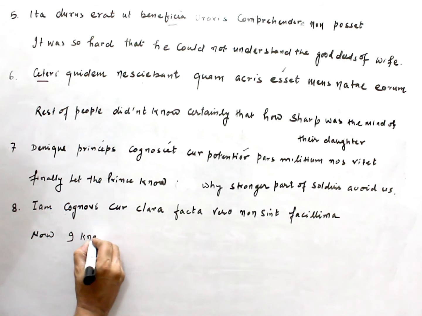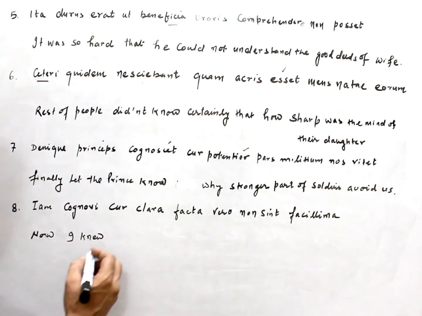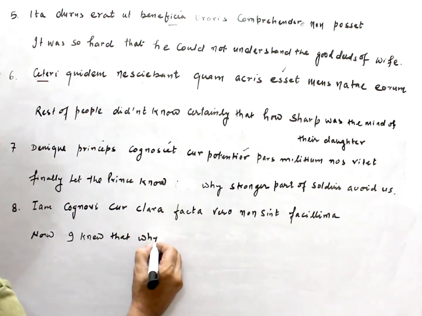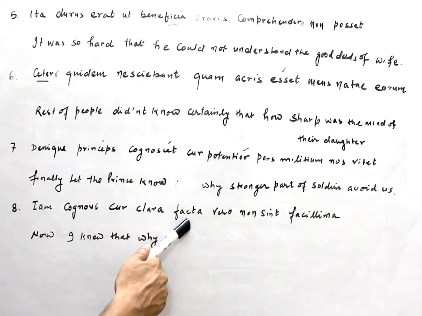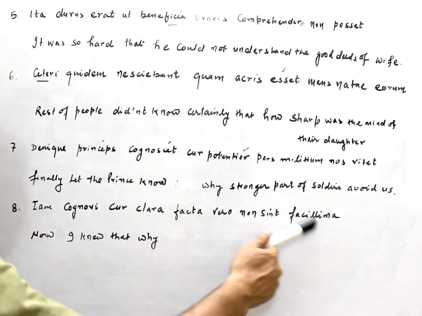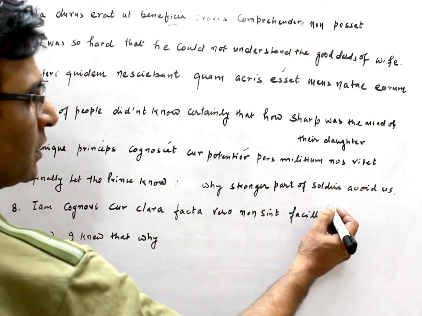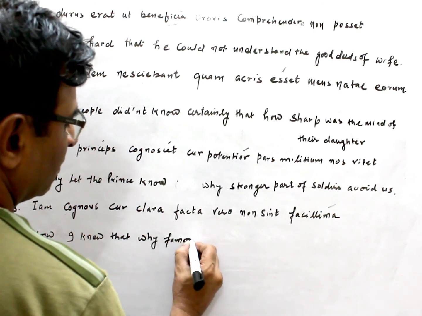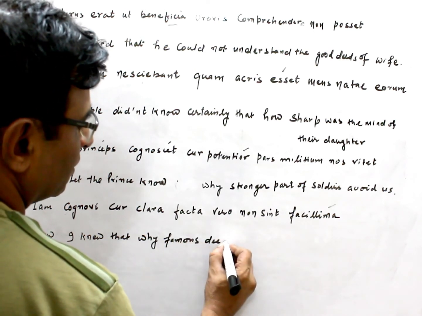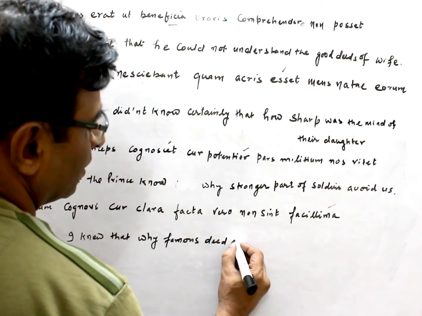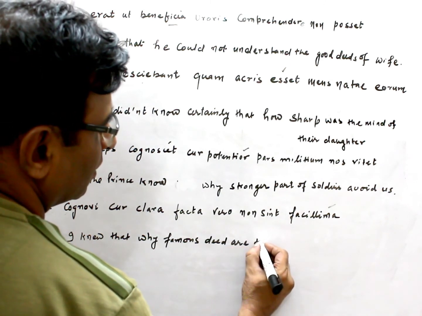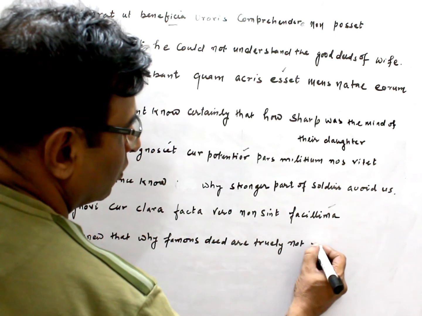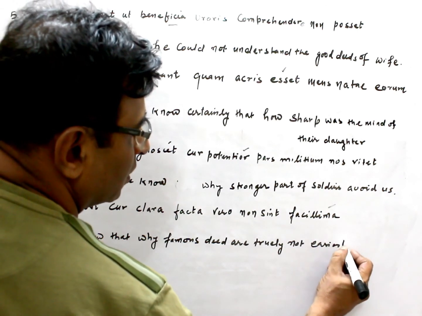So I am shortening that why famous deeds truly are not easiest because it is the superlative degree. Why famous deeds are truly not easiest.